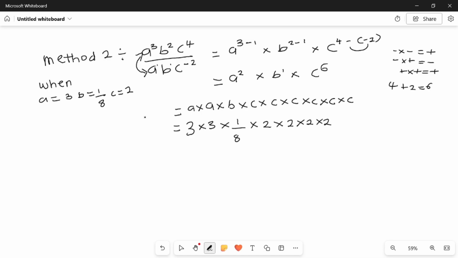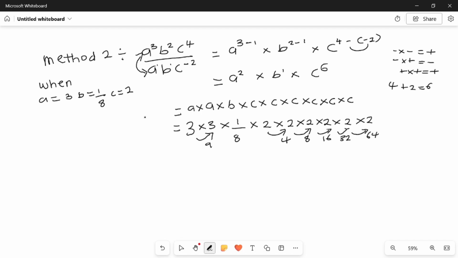How many times? 1, 2, 3, 4, 5, and 6. So 3 times 3 will give us 9, like we did before, times 1/8. 2 times 2 will give us 4. 4 times 2, 8. 8 times 2, 16. 16 times 2, 32. And 32 times 2, 64.